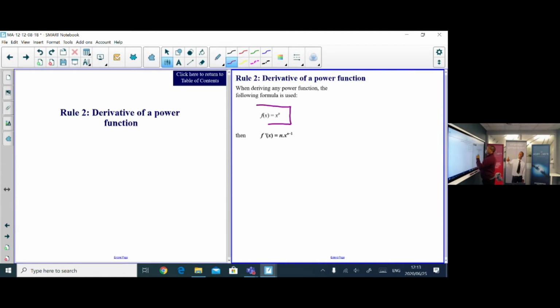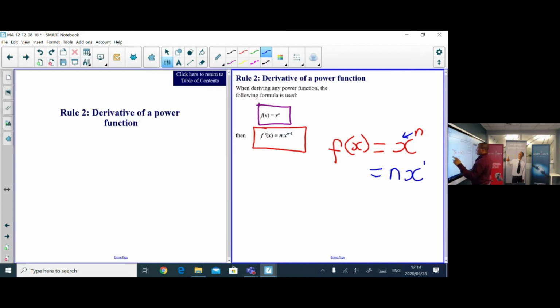So if you have a function f of x equals x to the n, you simply pull down the n, and then you have n x to the n.